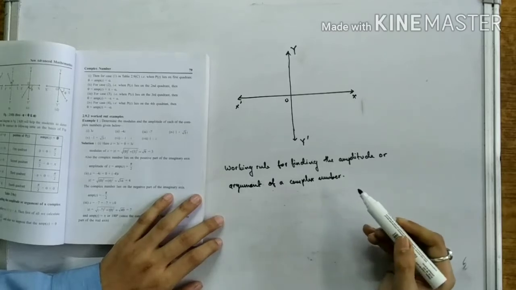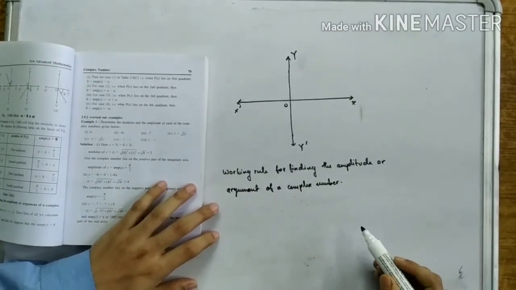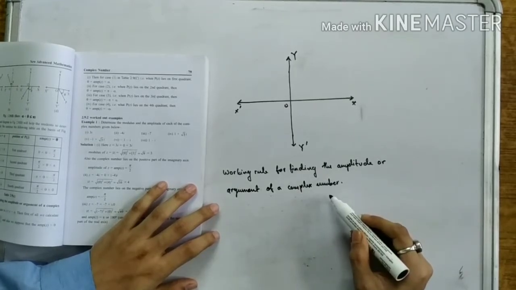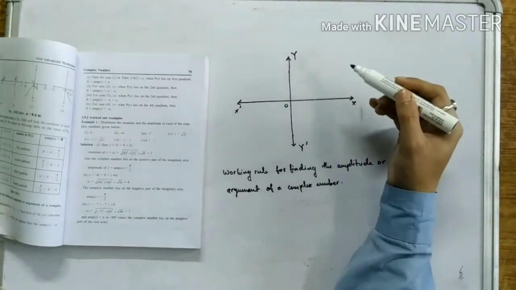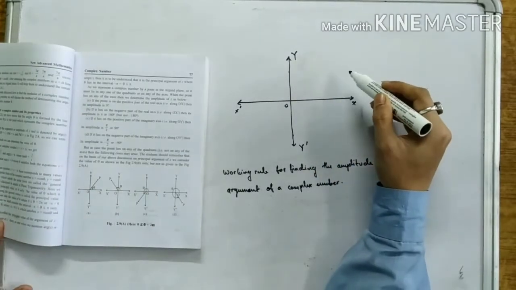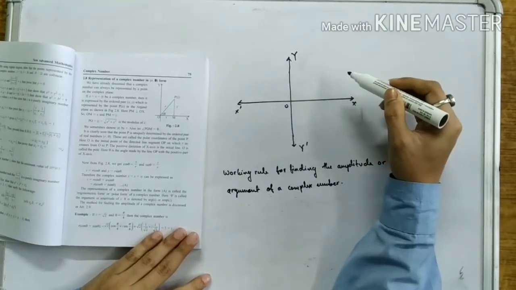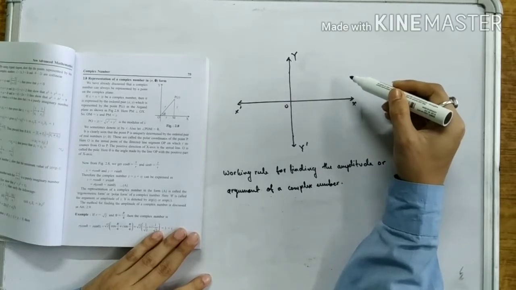We already know that theta is called the argument or amplitude of z.